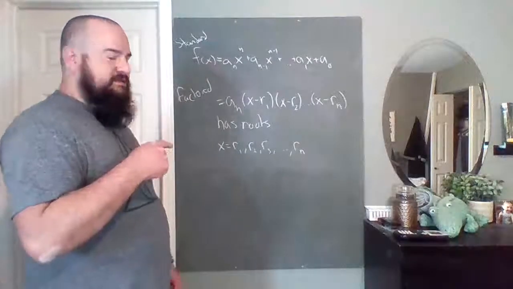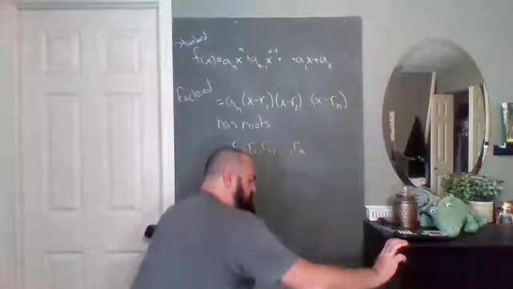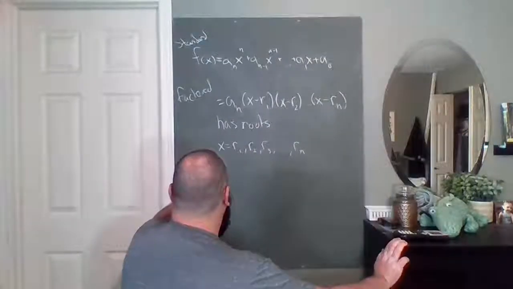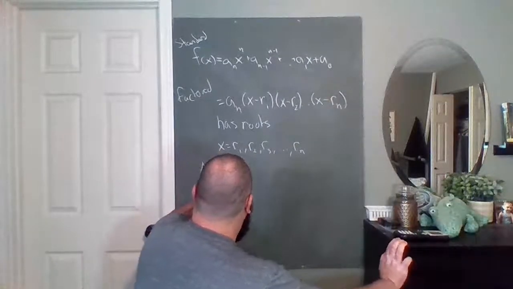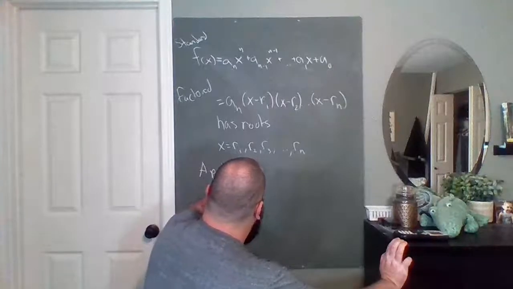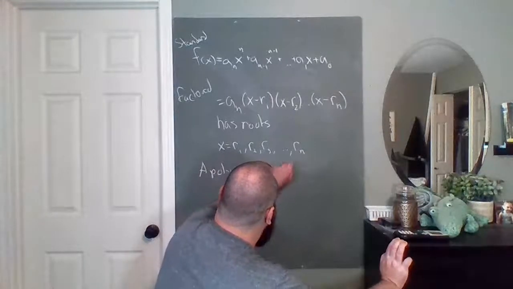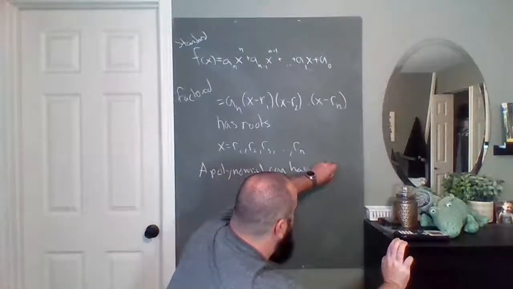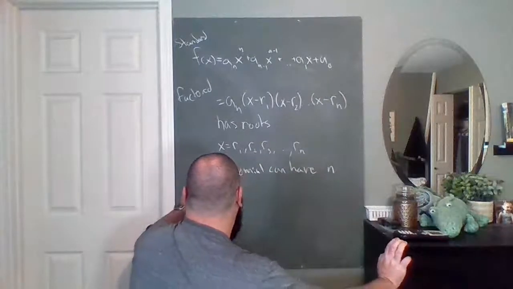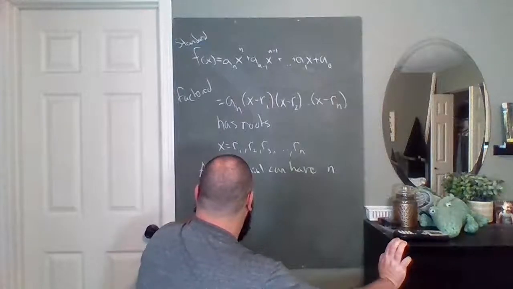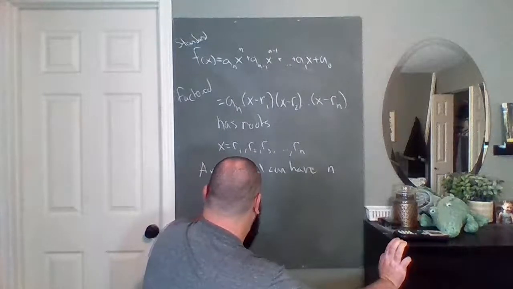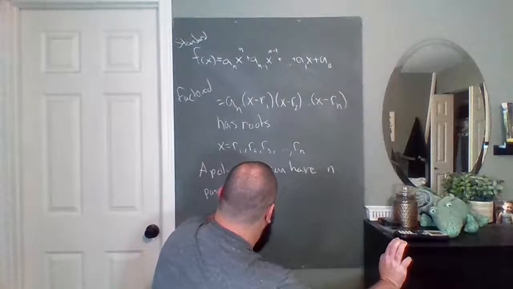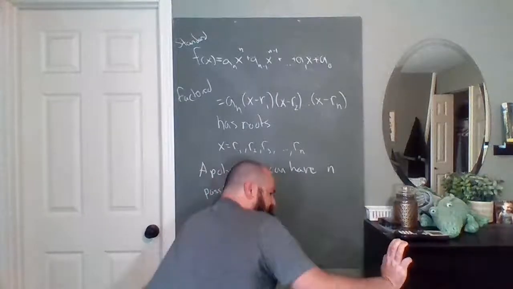So what that means is that a polynomial can have n possible roots.